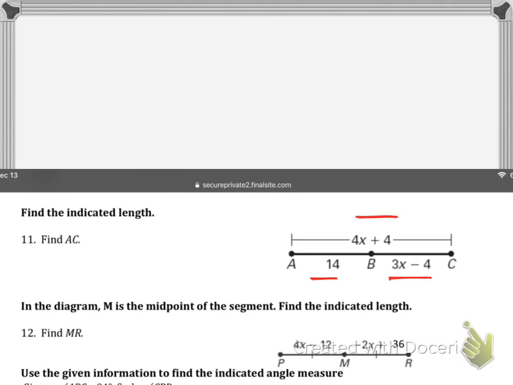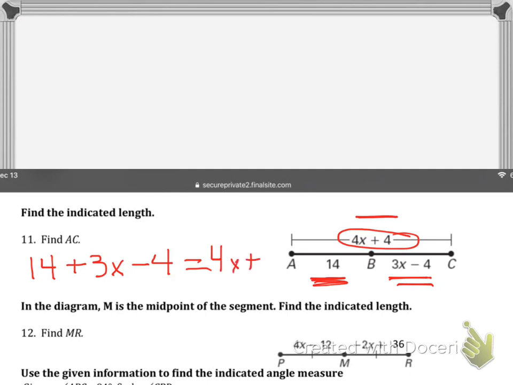So let's work not knowing about B at all. What I do know is that this little piece, which is 14, plus this little piece, which is 3x minus 4, has got to equal the whole piece, which is 4x plus 4.